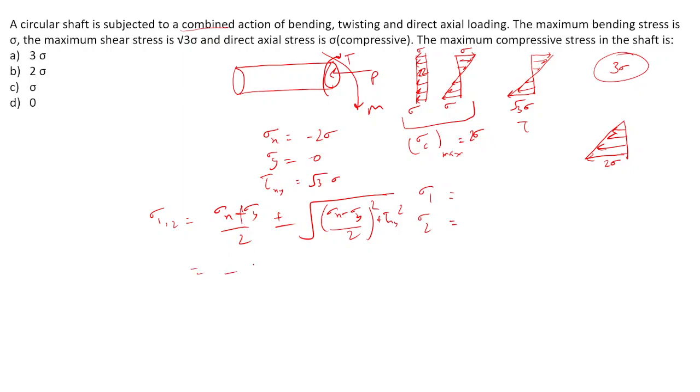So what would it be? Minus 2 sigma by 2 would be minus sigma, plus minus root of sigma square plus root 3 sigma whole square, that is 3 sigma square.